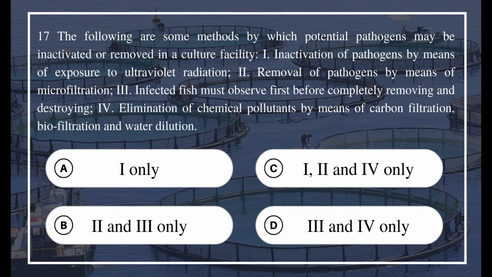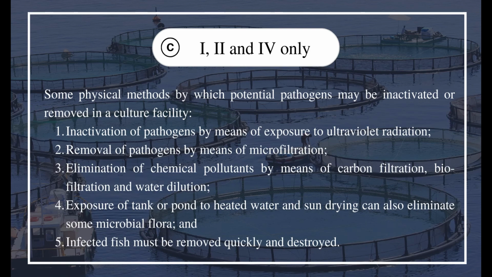Infected fish must be observed first before completely removing and destroying. 4. Elimination of chemical pollutants by means of carbon filtration, biofiltration, and water dilution. A. 1 only. B. 2 and 3 only. C. 1, 2, and 4 only. D. 3 and 4 only. The answer is C. 1, 2, and 4 only.